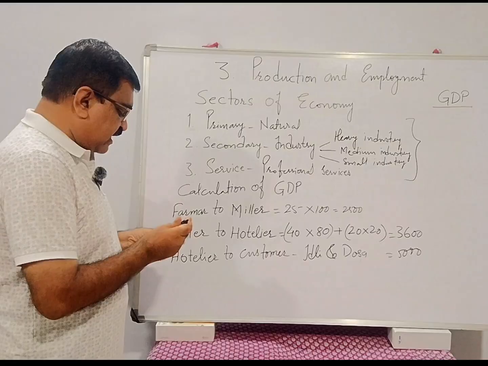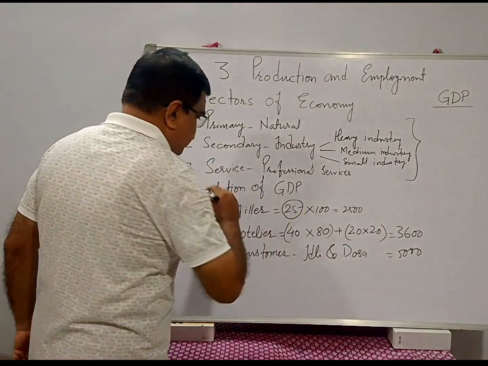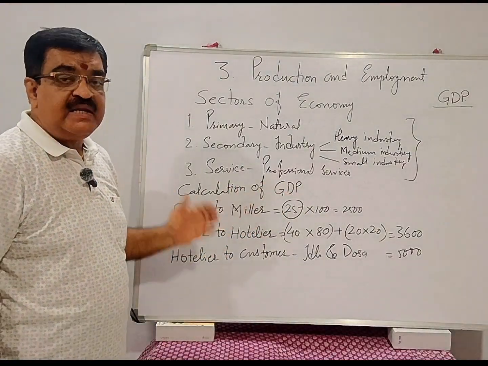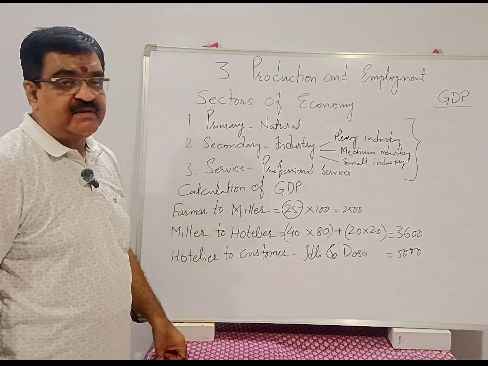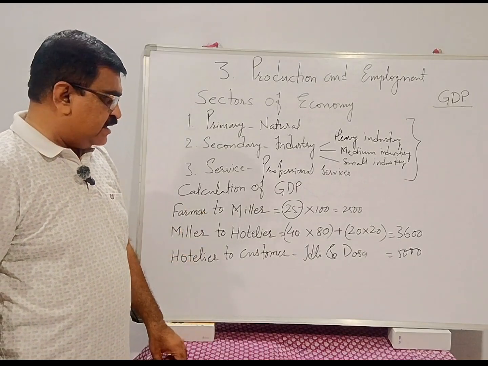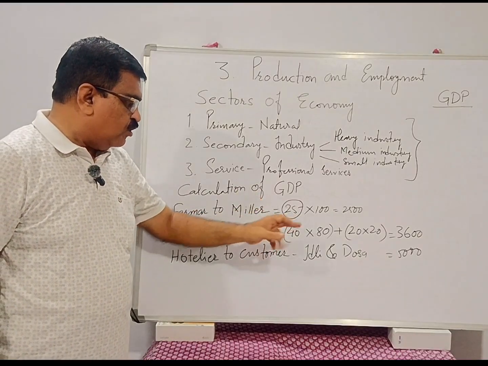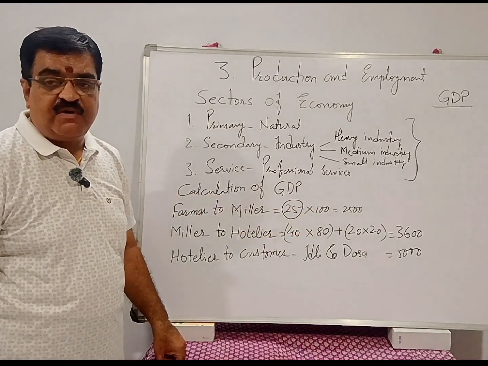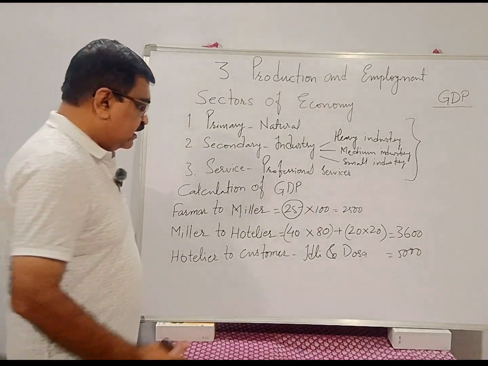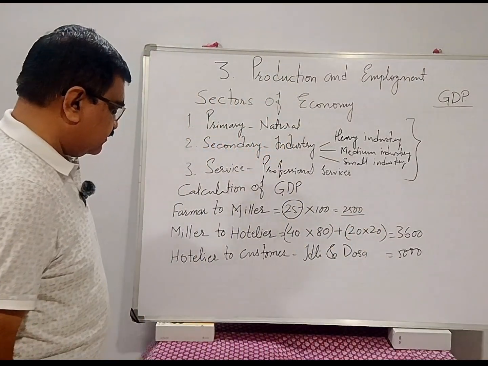He has produced paddy, not rice. He has produced what? Paddy. And he sold that paddy at the rate of 25 rupees per kg. 100 kg of paddy he has sold to the miller. So, he got the amount of 2500 rupees.